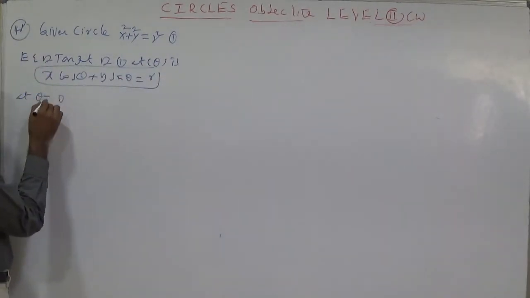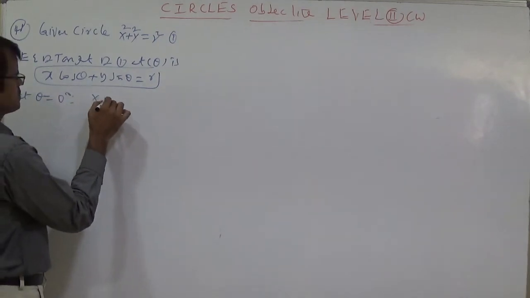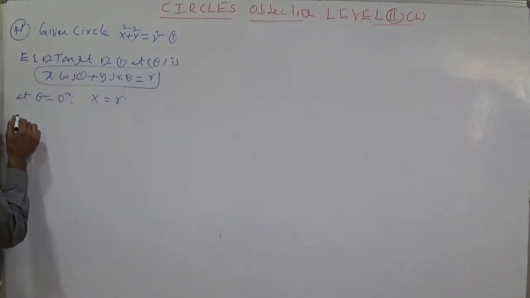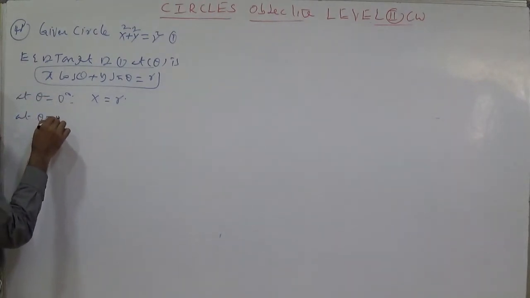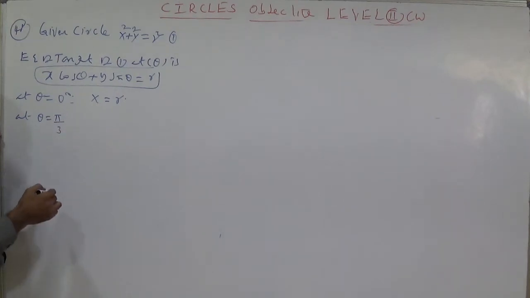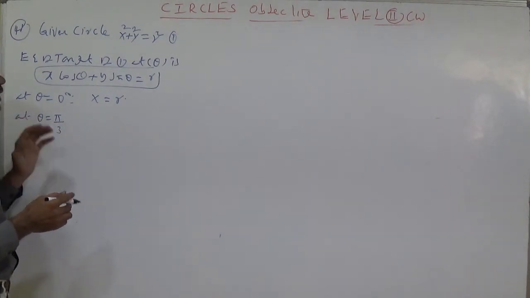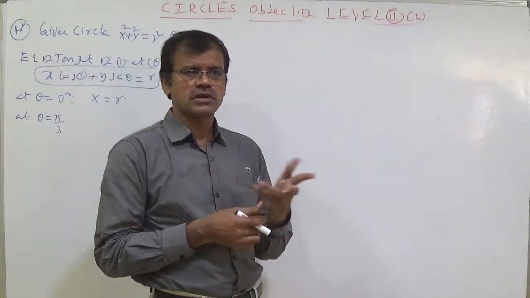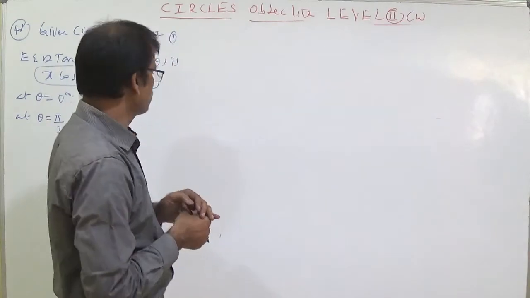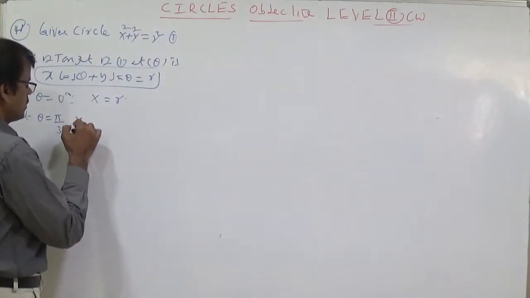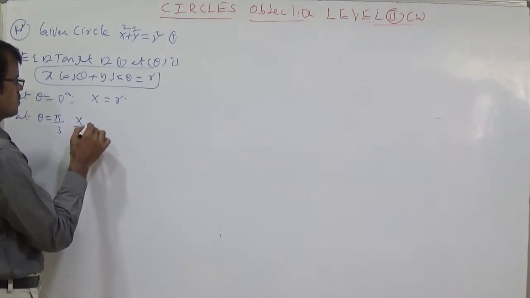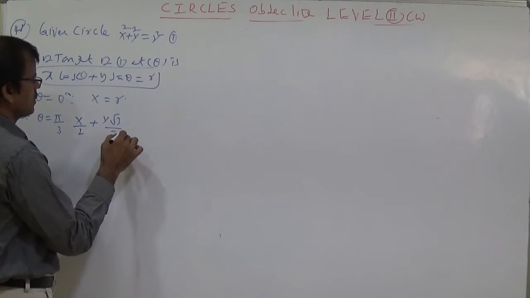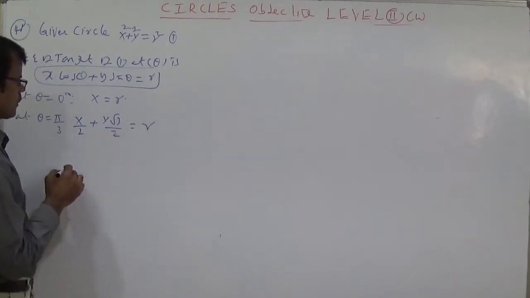At theta equal to 0 degrees I am writing, it becomes x is equal to r. Next, now you write at theta is equal to pi by 3, because we are discussing that the difference between the parametric points is pi by 3. So the first one we consider as theta equal to 0 and the second one as theta equal to pi by 3. x cos pi by 3, so x by 2, plus y sin pi by 3, so y root 3 by 2, equal to r.